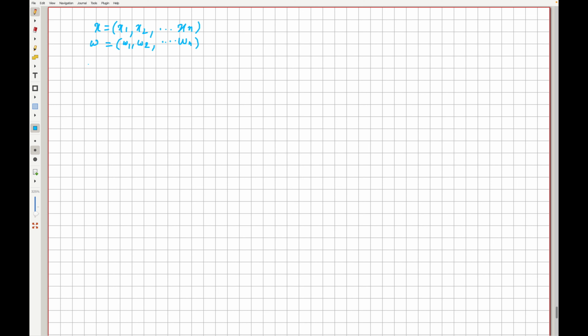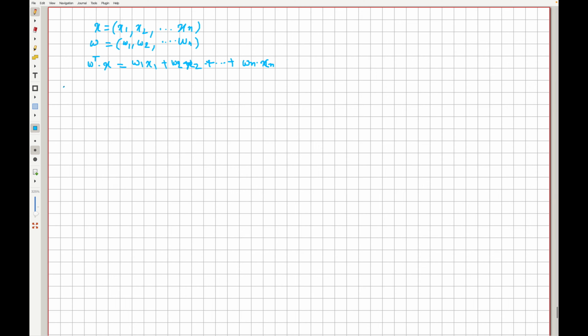Now when we perform the operation of w transpose x, we are doing a linear combination of the w's with the x's, all the way up to the nth w and the nth x that we have.